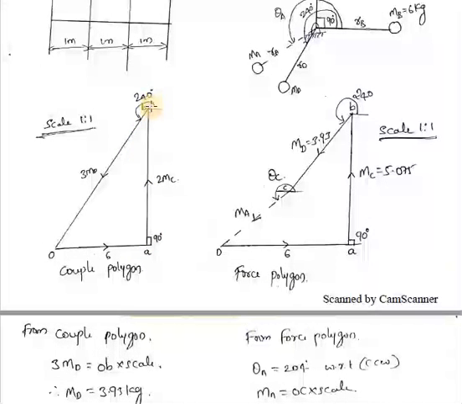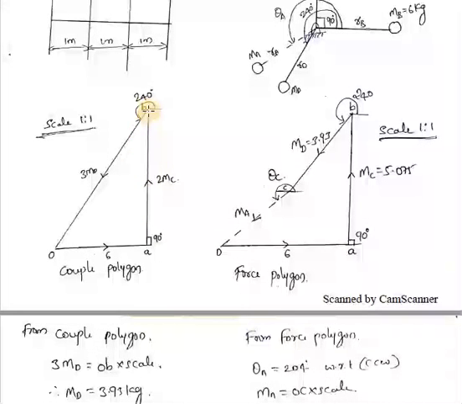Then we don't know where exactly this point lies, but we know the angle should be 240 degrees. So this inside angle will be 30 degrees, because from here to here it will be 270 degrees. So from O, draw a line of random length, and this angle should be 30, so that automatically it becomes 240 here. So draw a line till it intersects with this perpendicular line.